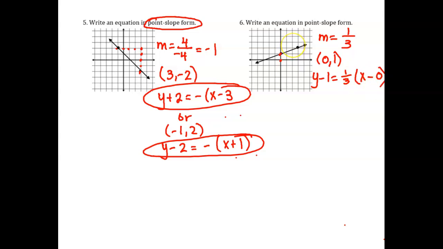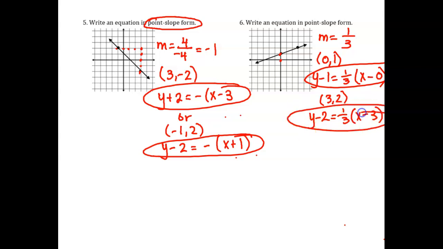The other point would be at 3, 2. So this one would be y minus 2 is equal to 1/3 times x minus 3. And then we stop because we needed to write it in point-slope form.